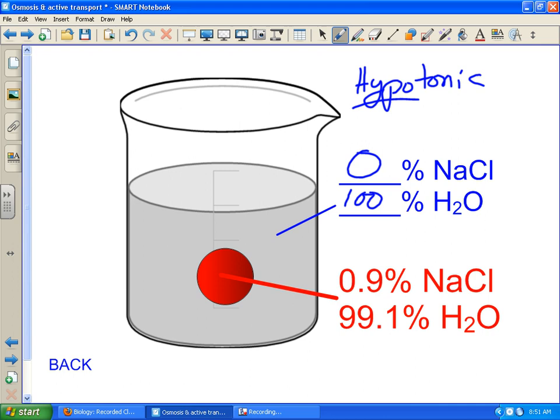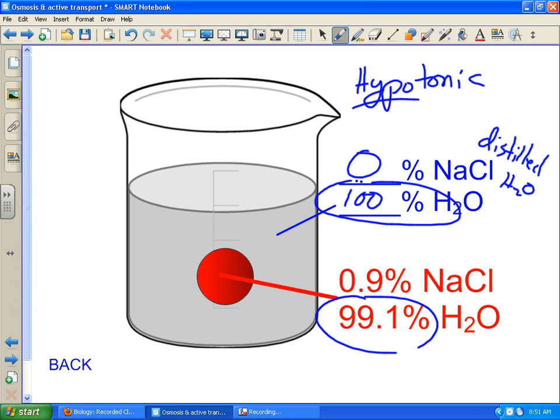This is something called distilled water. Nothing in there but just water, okay? Salt can't go through. Where is there more water this time? 100 versus 99.1.